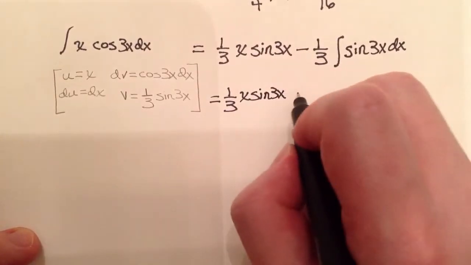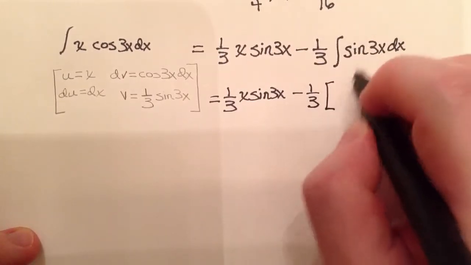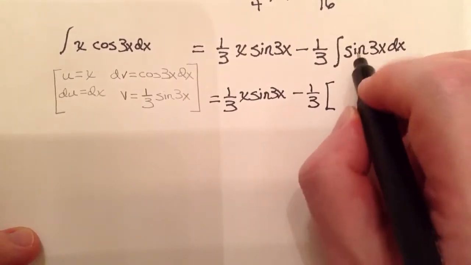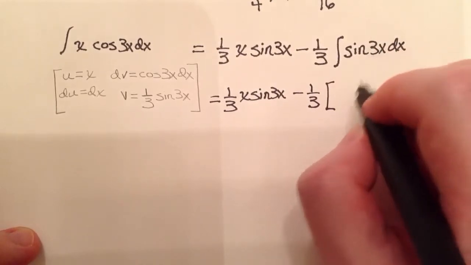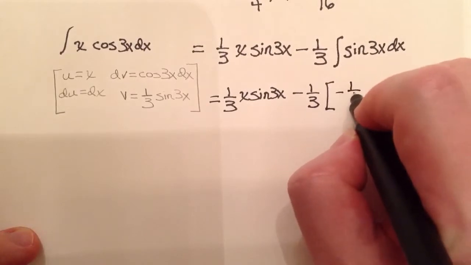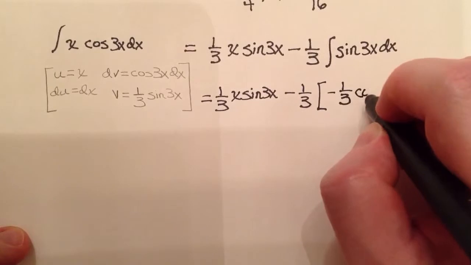And so following through with the antiderivative of the integral of the sine of 3x, the antiderivative of sine is going to go to negative cosine, and again with the multiple angle we're going to divide by 3, so we have negative 1/3 of the cosine of 3x.